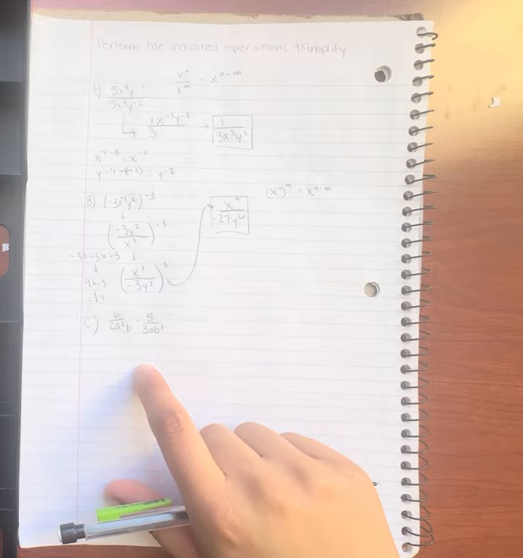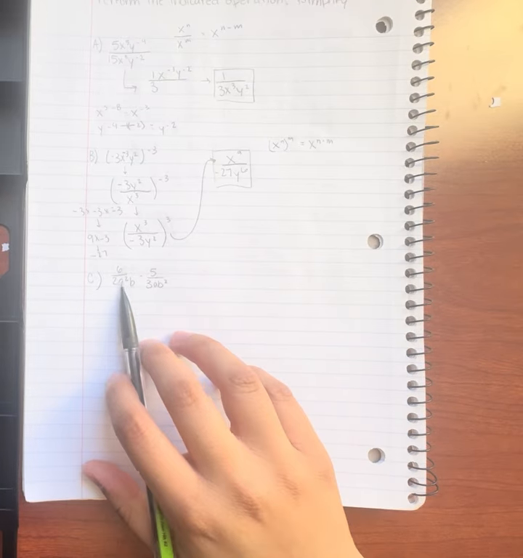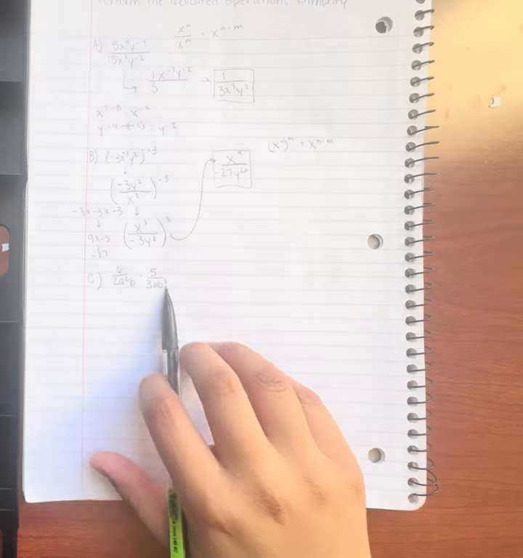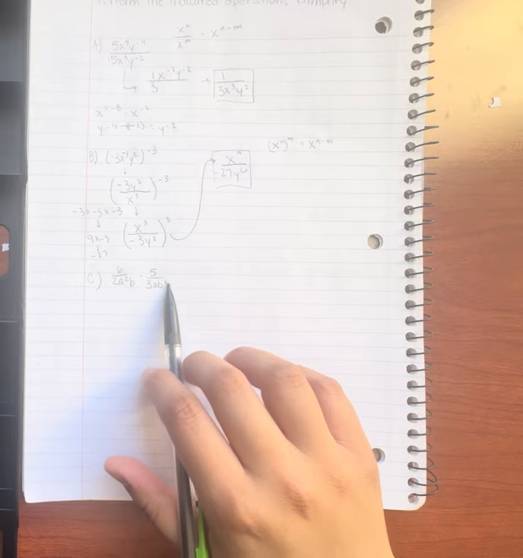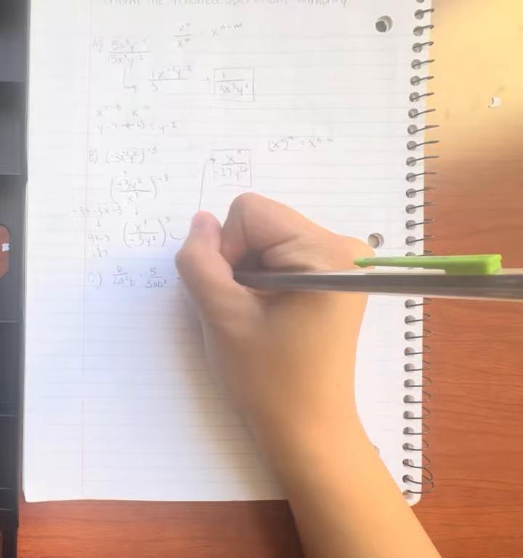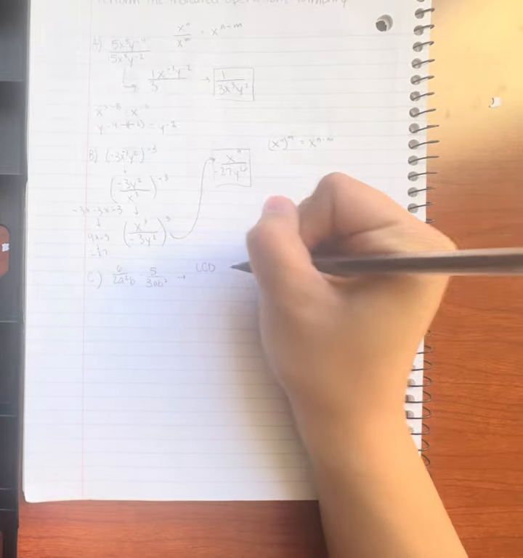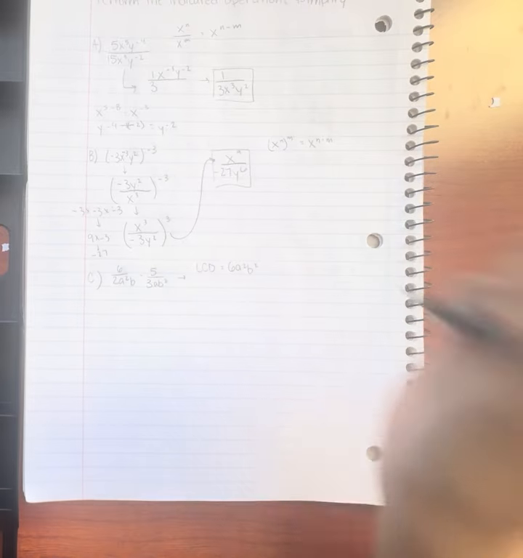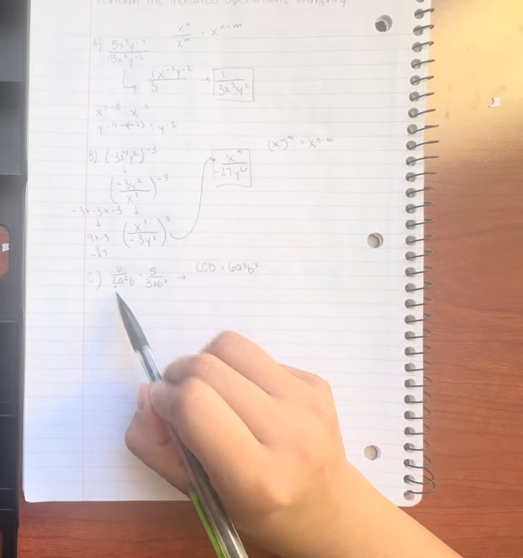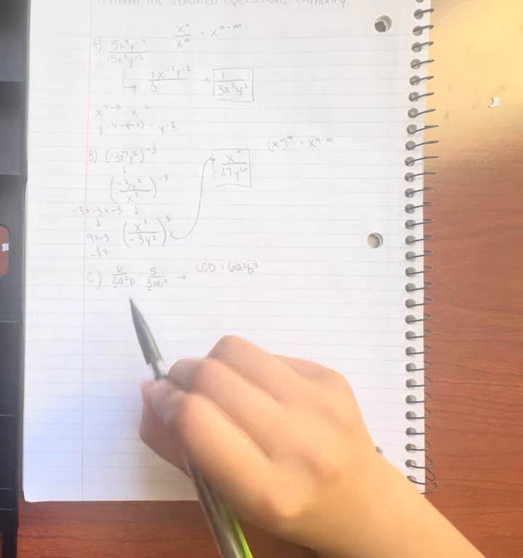Here for C, we have to find the least common denominator, even if it has these variables. Essentially that means these variables have to be to the same power. So the least common denominator is going to be 6a squared b squared, because even the number has to be the same in order to subtract.